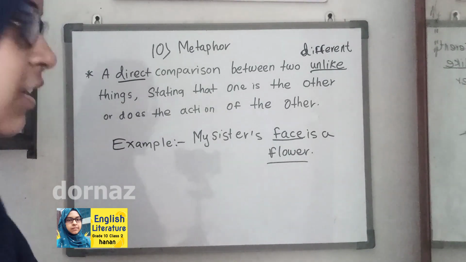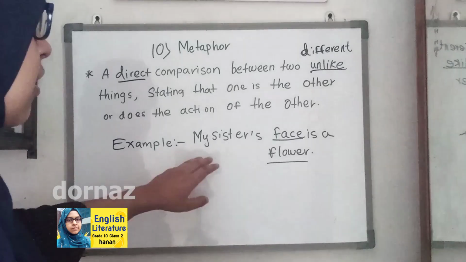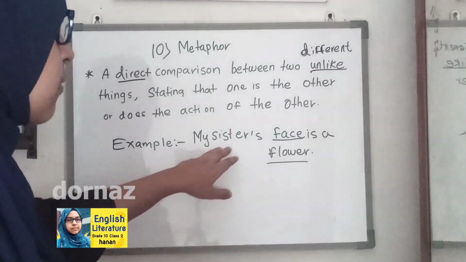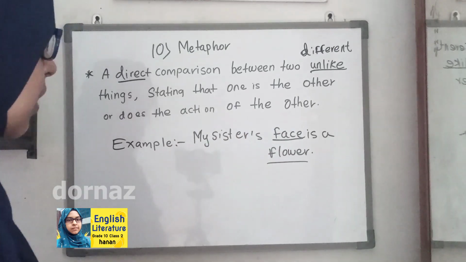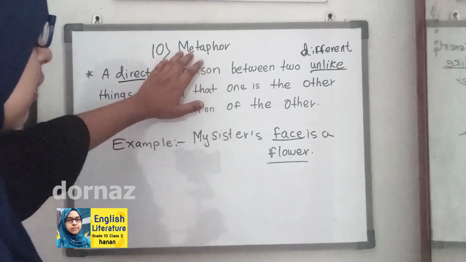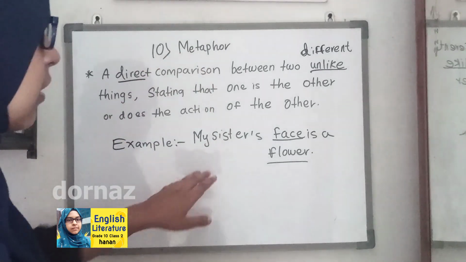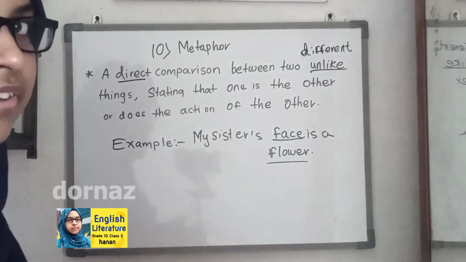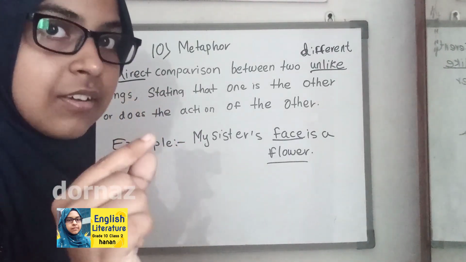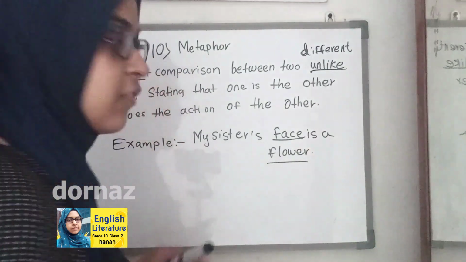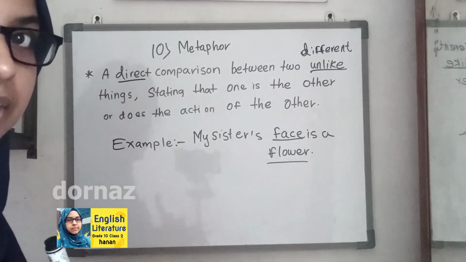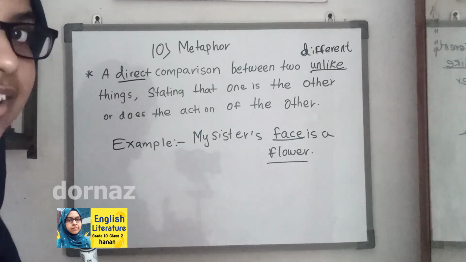There are a lot of differences between saying it like that. My sister's face is a flower. My sister's face is like a flower. Here we are going to directly compare, so it is called metaphor. Direct comparison is called metaphor, simply we can say. If the word like comes here, it will be called a simile, which means it is not a direct comparison, it will be an indirect comparison.